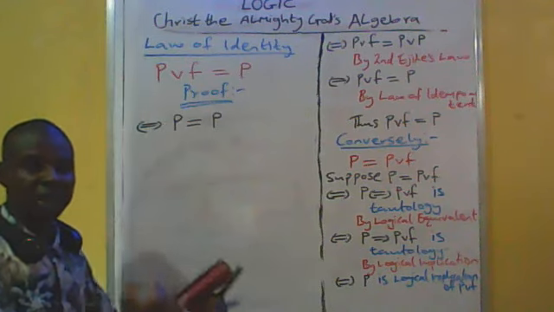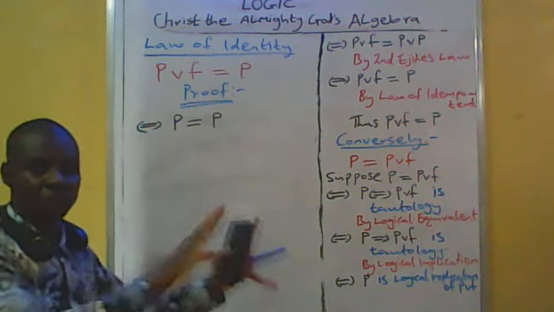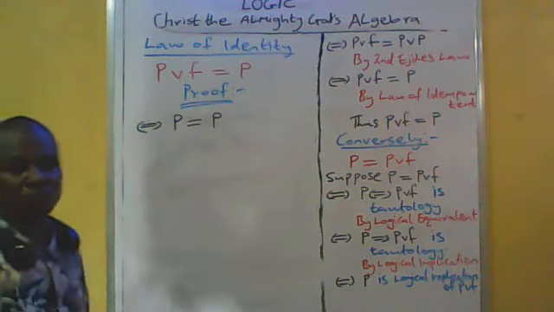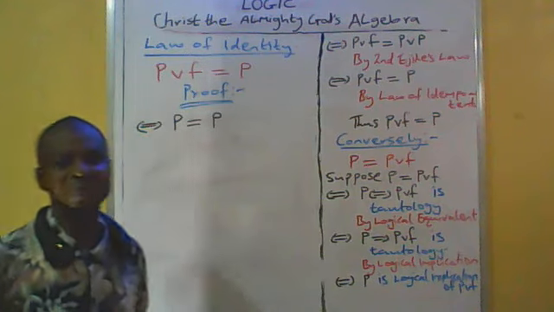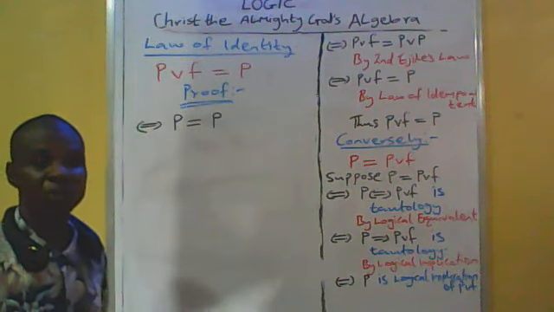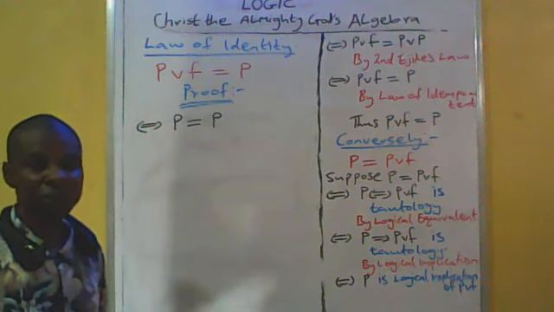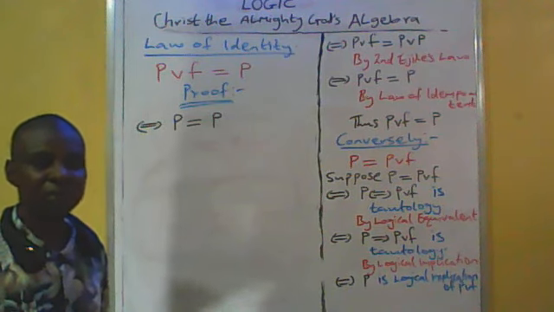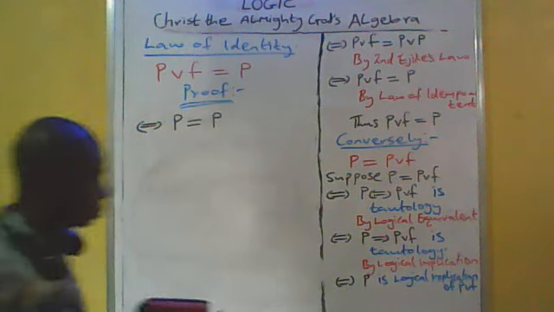In the same vein, whenever the right side of P is false, the left side of P is also false. We say it is logical equivalent. So it is true that P is equal to P, being justified by identity. That means the sameness.